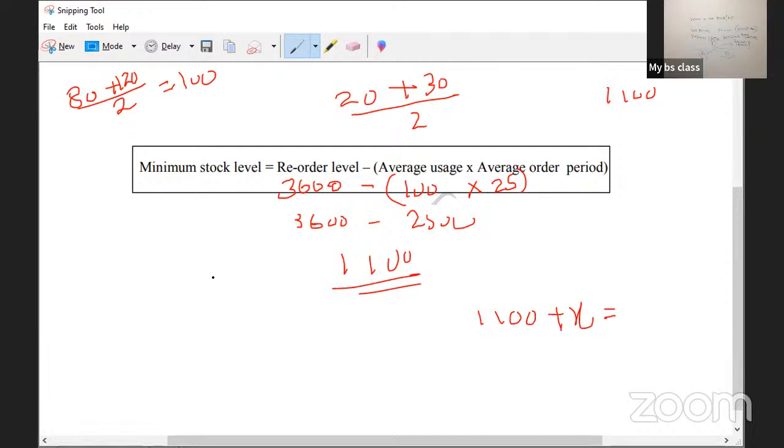So your reorder level is 3,600, and you deduct the minimum usage into the minimum order period.